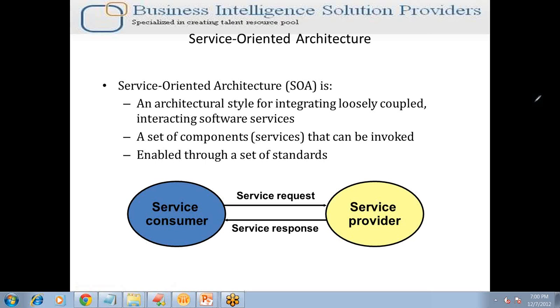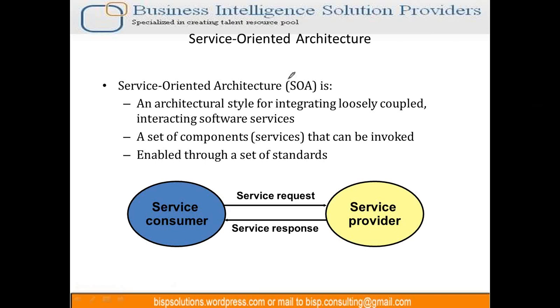When I say loosely coupled, what I mean is something like this. Previously, when services were created, this is what used to happen. As an organization grows, for their CRM they bought Siebel, for order management they bought Oracle Apps, for financials they bought Oracle Financials, or for shipment they had some other system.